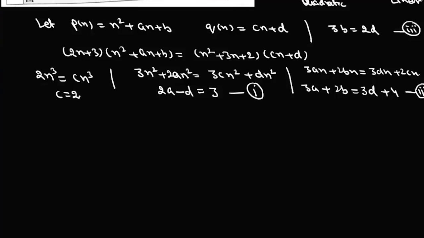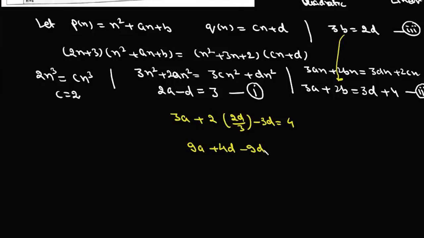Now what we'll do is, we'll put the value of b here. So you can write 3a plus 2 into 2d by 3 minus 3d equals 4, or 9a plus 4d minus 9d equals 12, or 9a minus 5d equals 12.